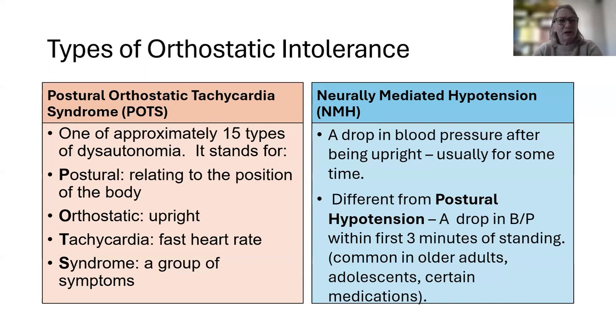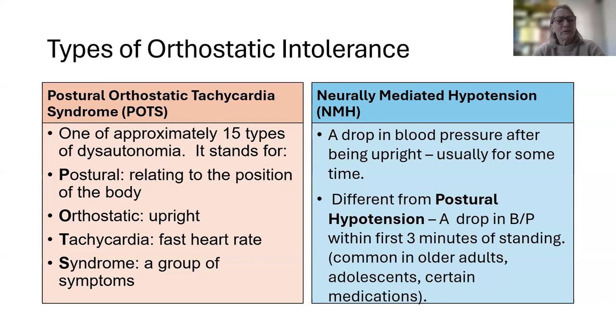So the two main types, as we said, there's several types. It's an umbrella term for several types of conditions, but the two main types that we talk about when we're talking about orthostatic intolerance are POTS, which is postural orthostatic tachycardia syndrome, and neurally mediated hypotension.